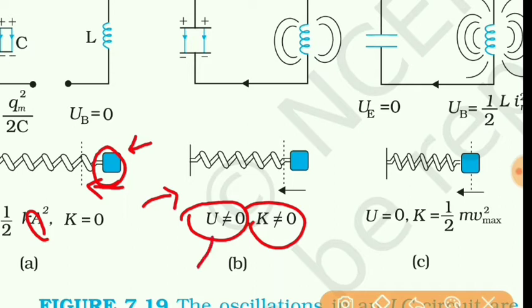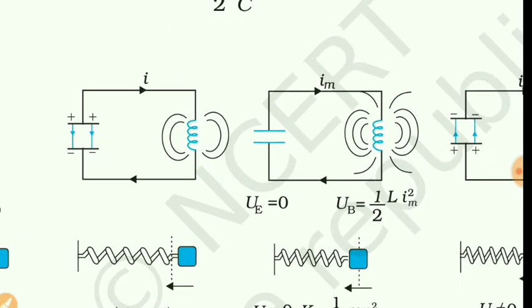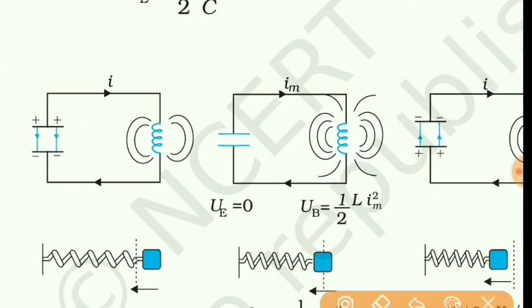And so both potential energy as well as kinetic energy are now non-zero. Same thing here, the energy associated with the electric field as well as the energy associated with the magnetic field, both are non-zero now. Now the next figure is at time t equal to 2T by 8, that is T by 4.